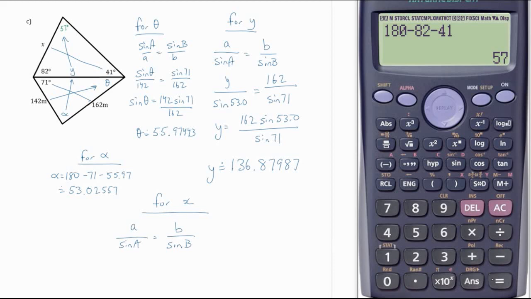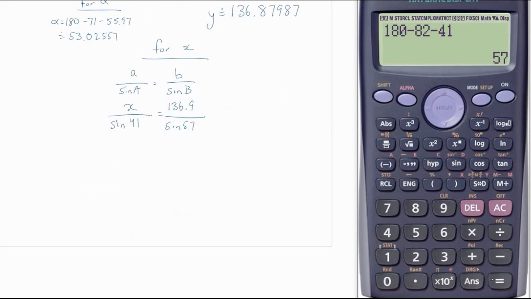And I'm looking for x over sine of the angle across from it, which is 41, equals b, which is my y, which I just calculated, 136.9 over sine of 57. I'm going to rearrange this.